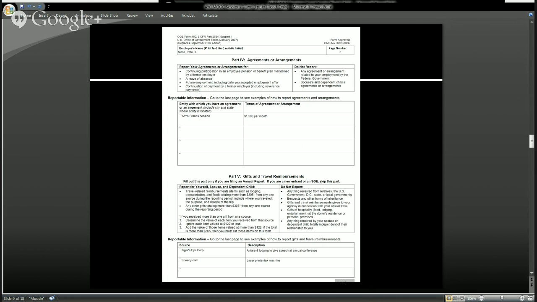And our final entry here is speedy.com, where he received a laser printer fax machine. This would be another question where we'd want to find out, why was this gift extended? Was it given because of his official position, or was it from a prohibited source? Is Speedy someone that does business with the FBA?